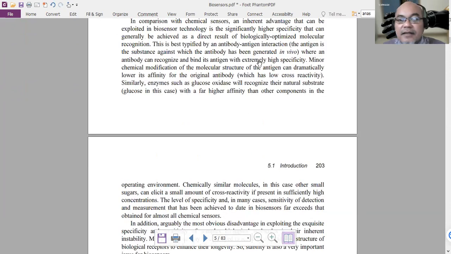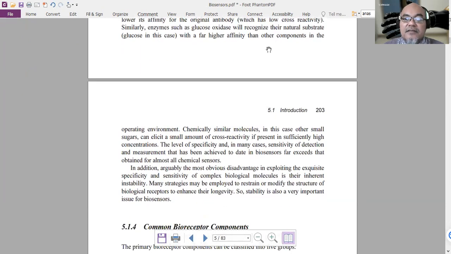Sensitivity, on the other hand, enzymes act with far higher affinity than on chemically similar molecules. In the case of other small sugars in glucose detection, they can elicit a small amount of cross-reactivity, but only if present in sufficiently high concentration. When the concentration is not that high, then glucose oxidase, for example, in glucose detection will only recognize glucose.